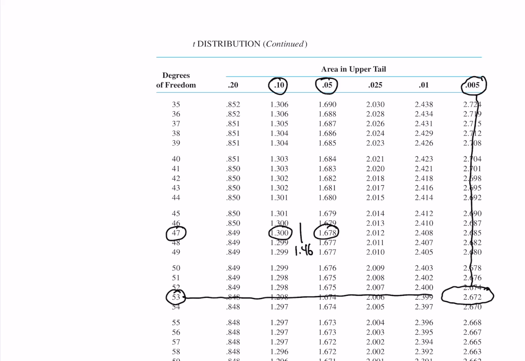So our p-value falls somewhere between here. So we don't know the exact p-value. What we have is a range for our p-value.